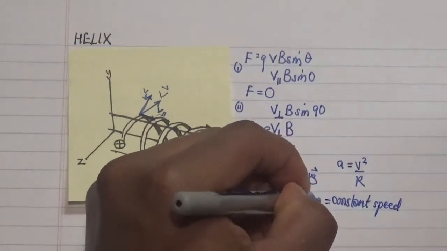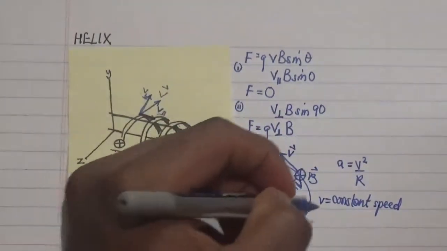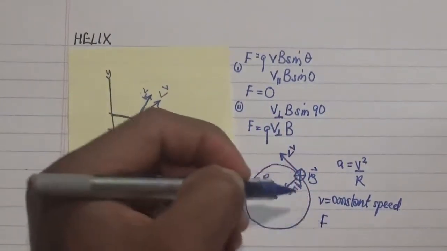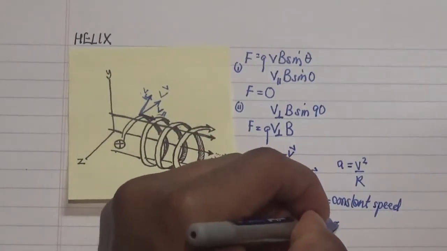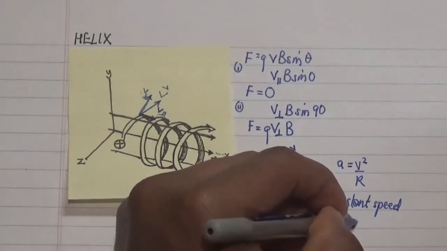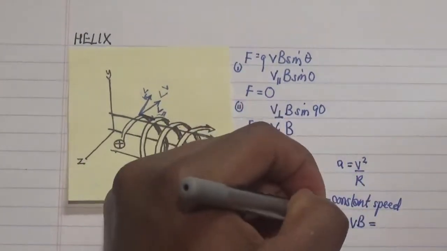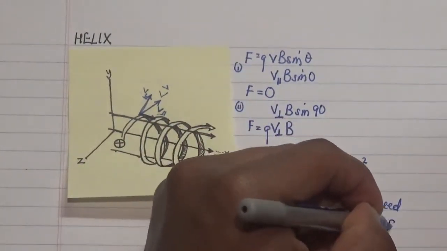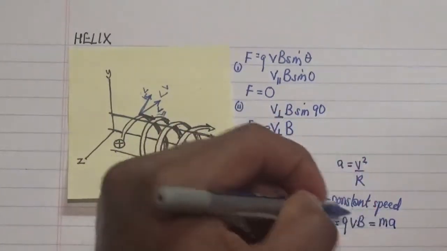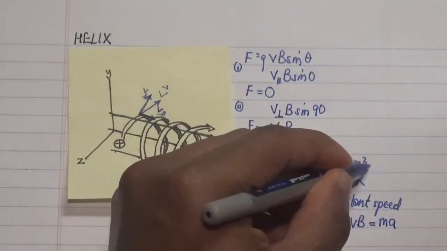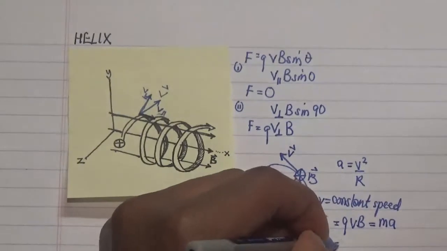Then we can determine our force, which is equal to QVB, where this is also equal to mass times acceleration, and acceleration, as we know, is equal to V squared over R.